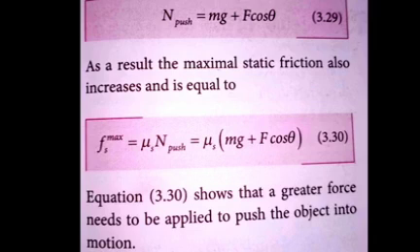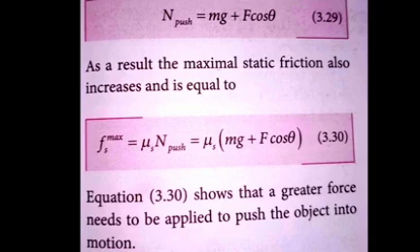That is, when we push the object we require a maximum static friction value. Suppose we know the static friction value, f of s maximum, then we get the value mu of s into N. Here N is represented by the push, that is the normal force in the push, substituting here, therefore we get mu of s into mg plus f cos theta.